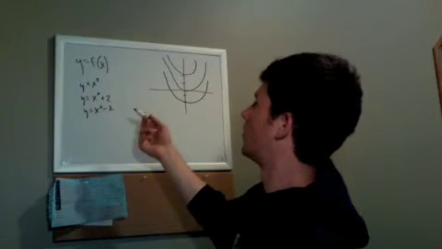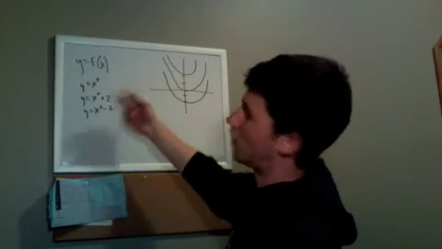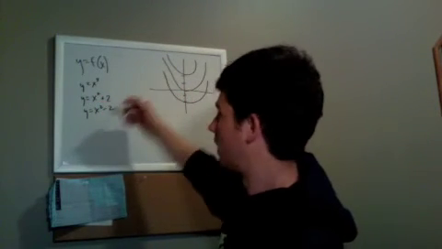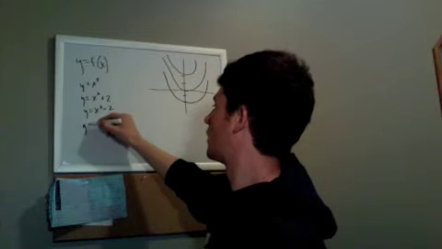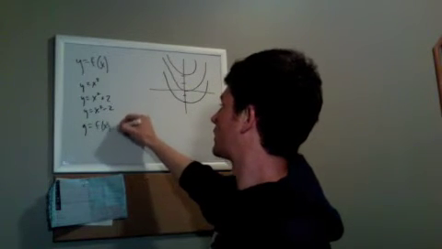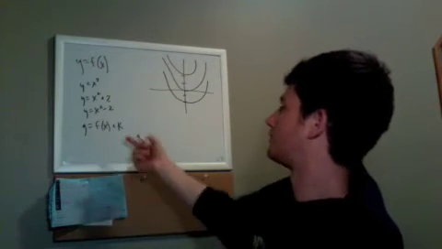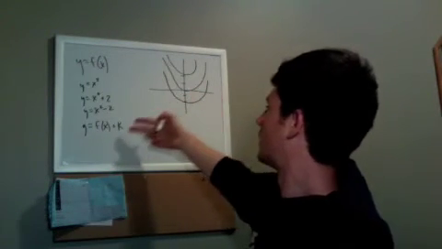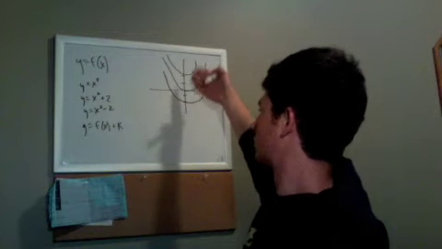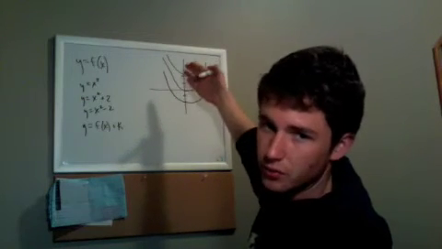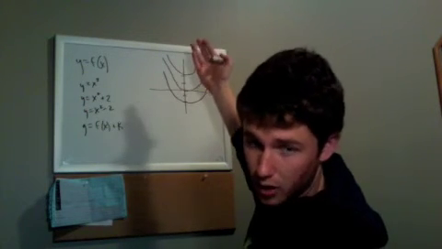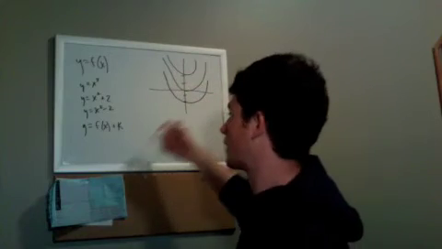And now, in general, for shifting up and down, we can say y equals f of x plus k. And k is just the distance that it shifts, whether it's positive or negative. Up obviously is positive, down would be negative.